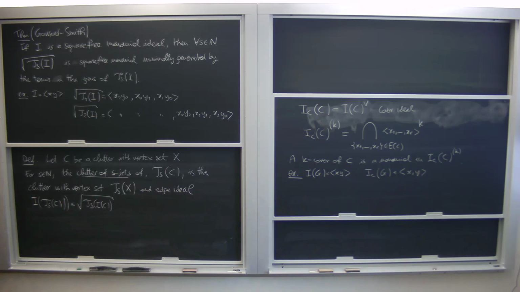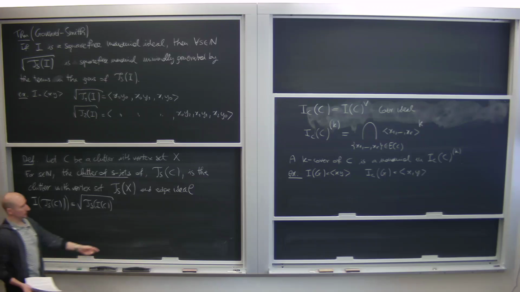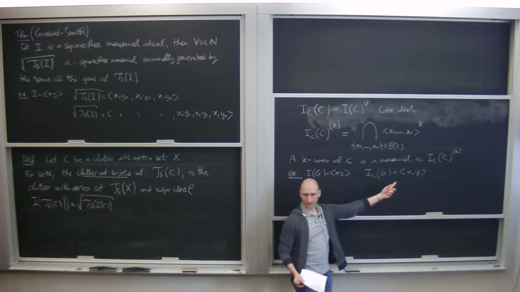And you want to place guards at the intersection points so that they can monitor all the tunnels at once. And if you want to do it minimally, you want the least number of guards, right? So you can put a guard here at X, and they will see the only one corridor we have in this picture, or you can put a guard at Y. And so that's why here I have my generators that are just X and Y.